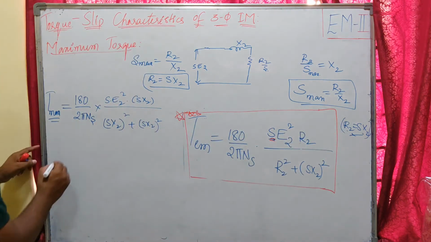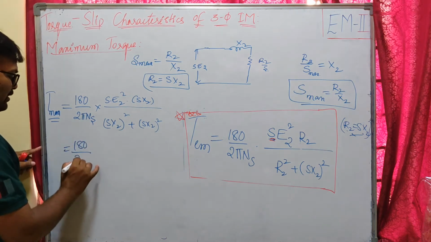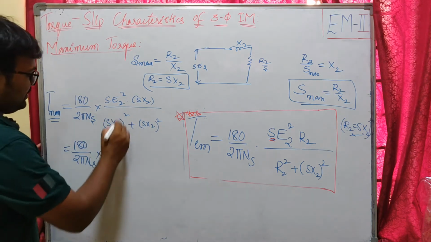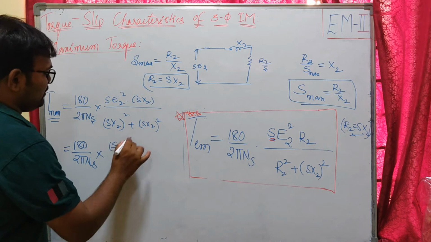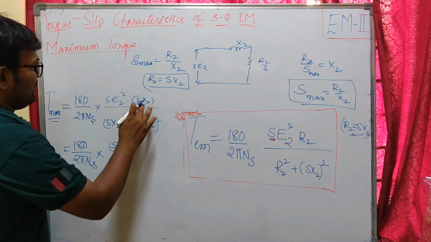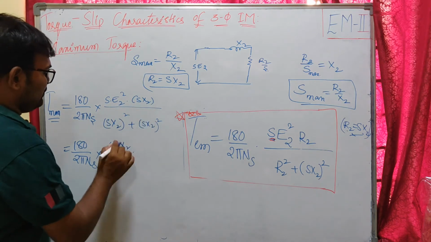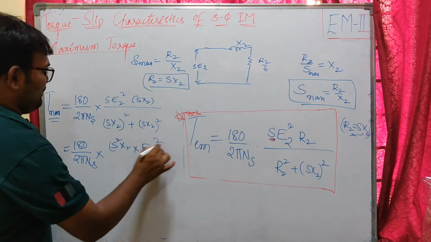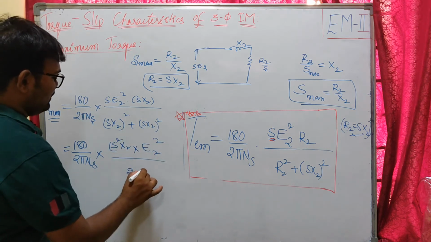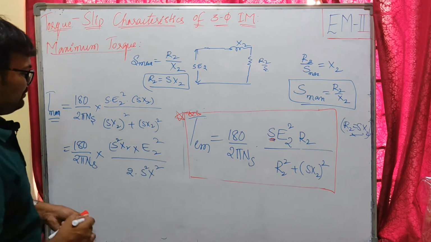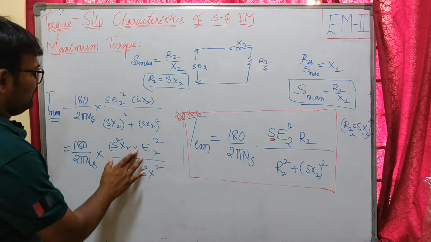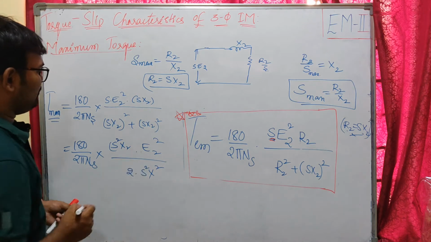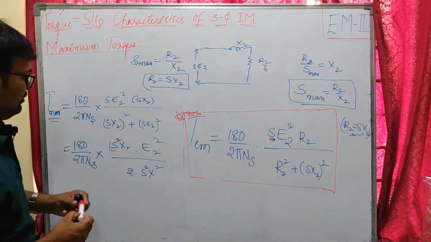Now our expression becomes 180 by 2 pi ns into S square x2 into E2 square by 2 times S square x2 square.